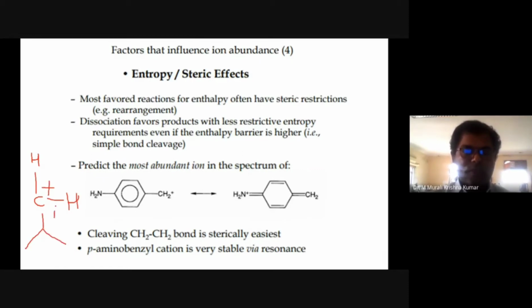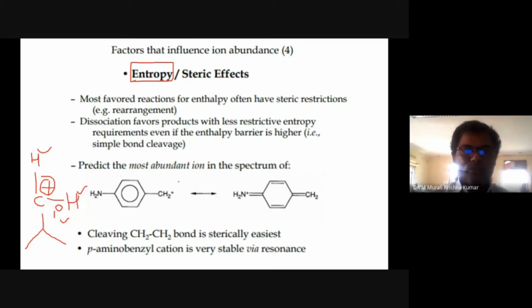So this is the primary carbocation. The positive charge cannot be compensated, meaning this charge density cannot be relieved by these hydrogens. So this is a state of very high entropy.